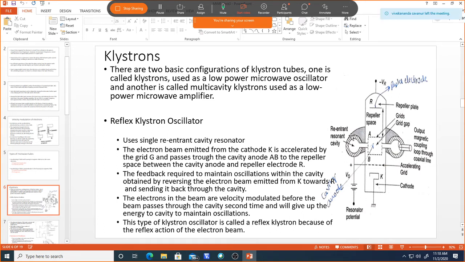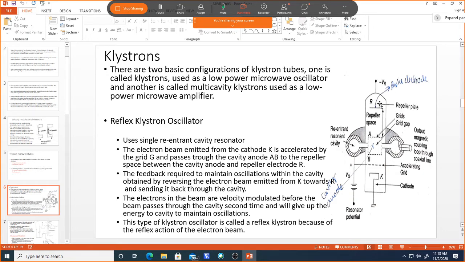This cavity is called a re-entrant resonant cavity. Why? Because the cavity is designed in such a way that it has a small space here, and a sufficient space at these two sides. That's why this structure is called a re-entrant resonant cavity.